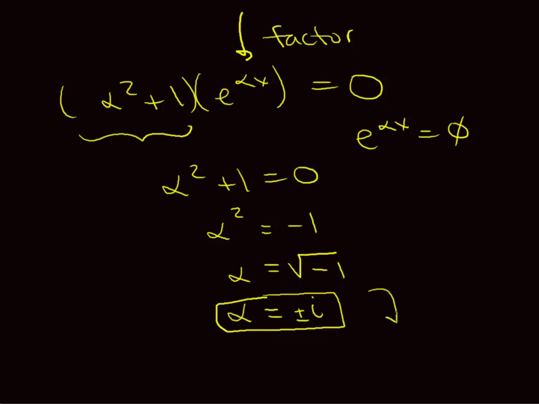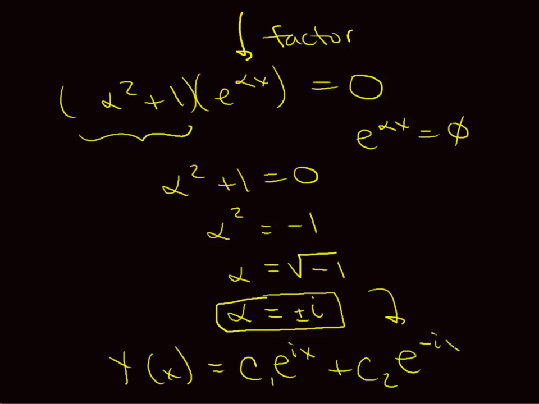Now we want to substitute this into our oscillatory function, and what we yield is y of x is equal to c1 e to the ix plus c2, and remember that c2 and c1 are just integration constants, e to the minus ix.